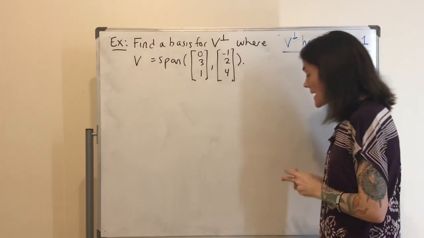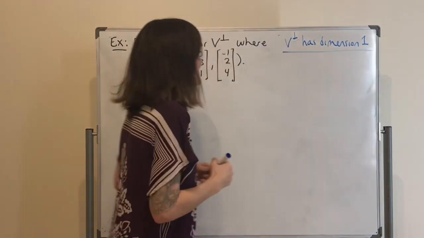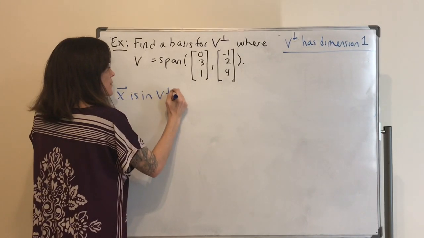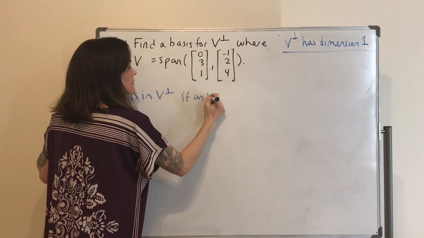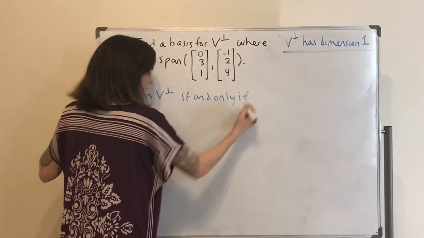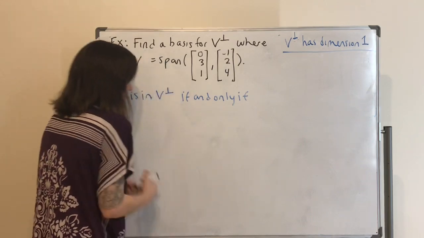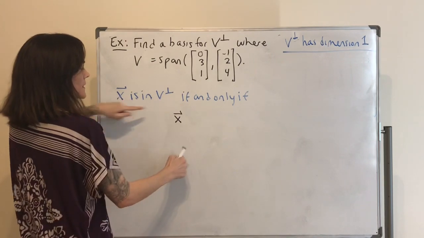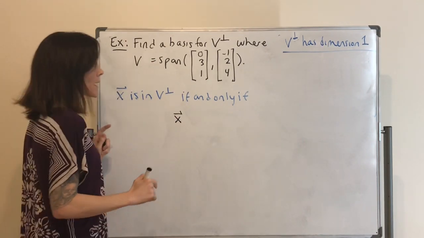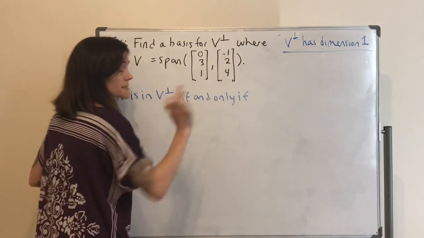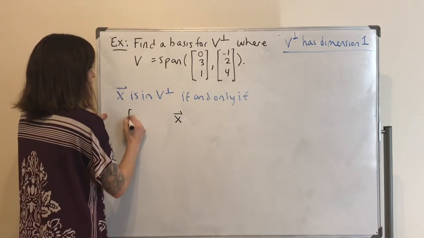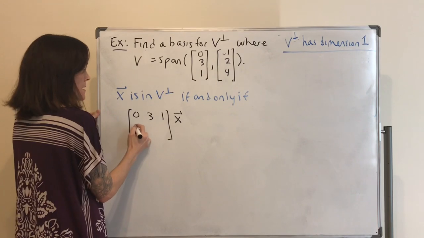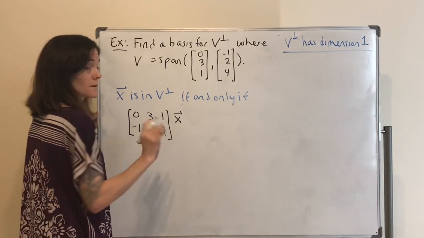And the other observation to make is that X is in VPerp if and only if, just like in the last example, X dot this is 0 and X dot this is 0, but I can translate that with the matrix 0, 3, 1 and minus 1, 2, 4.